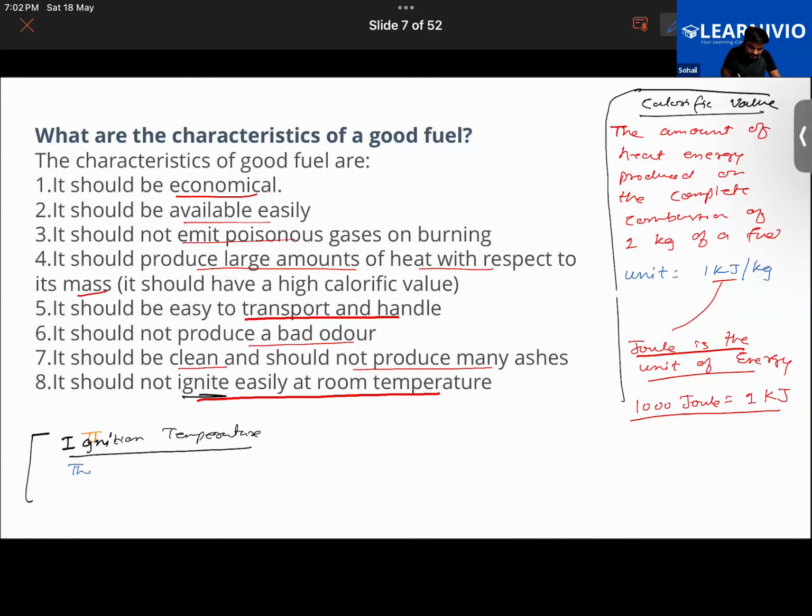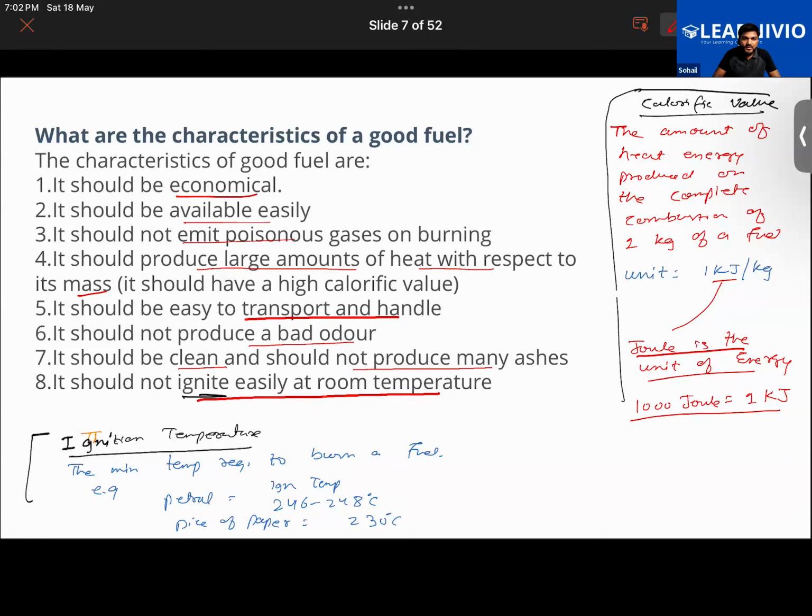Yes, sir. For example, the ignition temperature of petrol is 246 to 248 degrees Celsius, and that of a piece of paper is 230 degrees Celsius. So hope you guys are getting it. If I were to provide 100 degrees Celsius temperature to petrol, it will not burn.